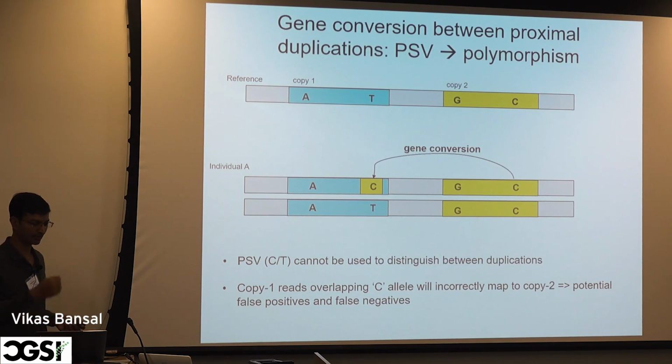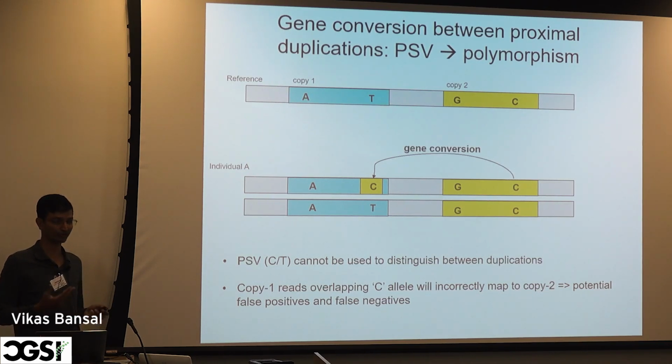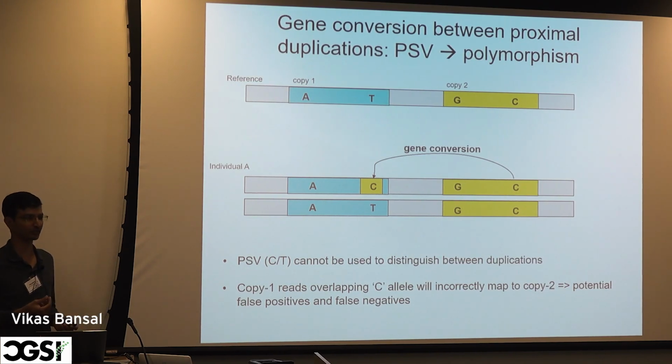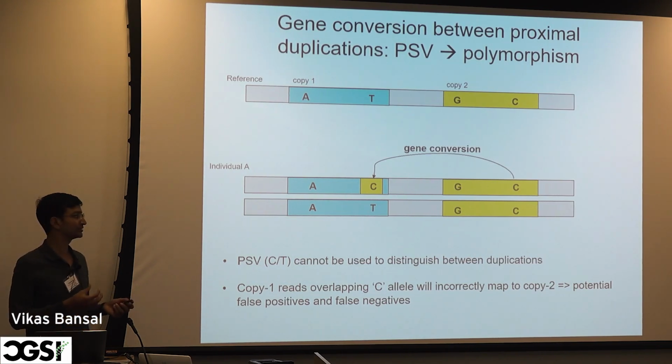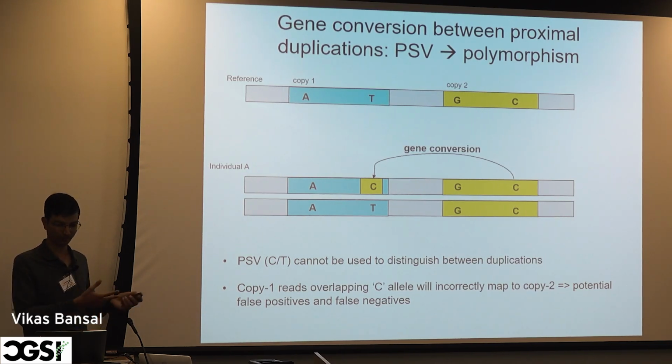So there is another twist in this problem: even in duplicated regions that have low sequence similarity and a lot of PSVs, you cannot always trust the PSVs to distinguish between the repeat copies. The reason is that gene conversion is a mechanism that can result in copying DNA sequence from one repeat copy to the other, especially when these repeat copies are proximal, and that can result in the PSV turning into a polymorphism.